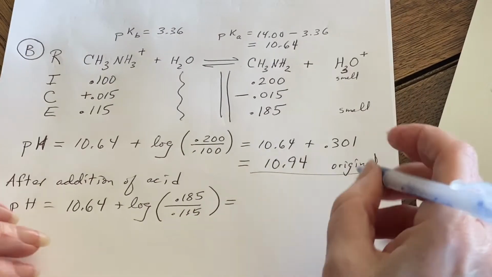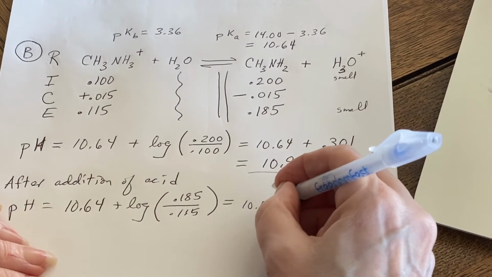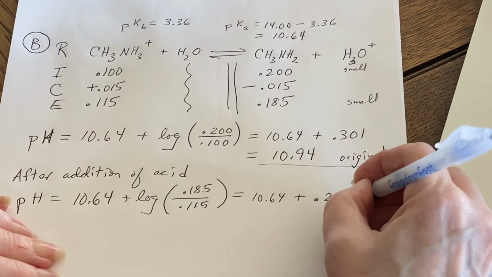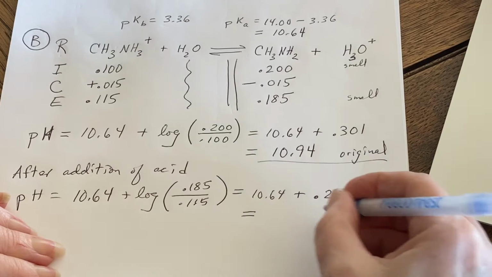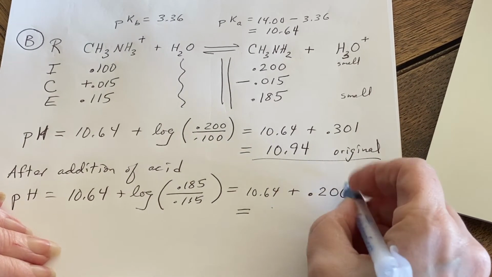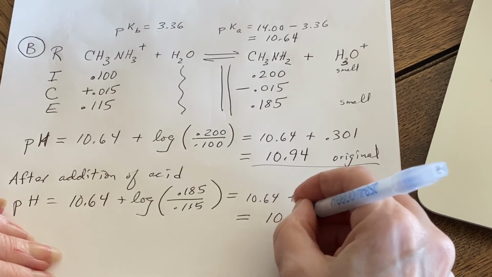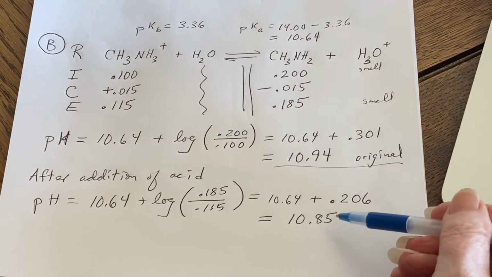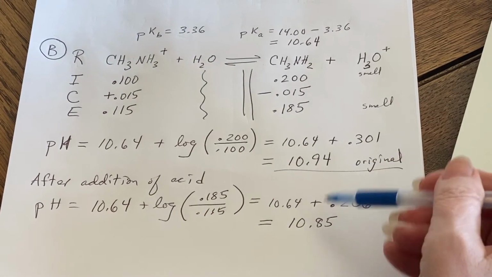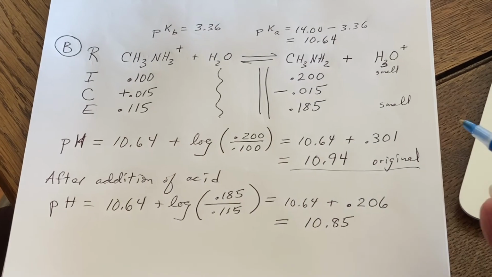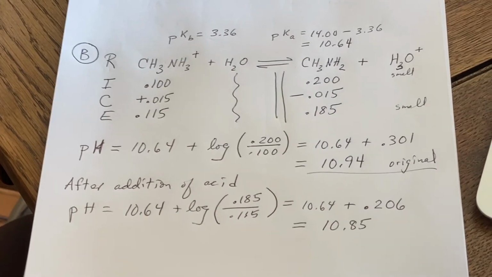When I do that, I'm going to get 10.64 plus 0.206, which, once you account for the significant figures, is 10.85. So it is lower. It's more acidic than the original. Well, of course it is. I just got through adding acid. It should be more acidic, right?